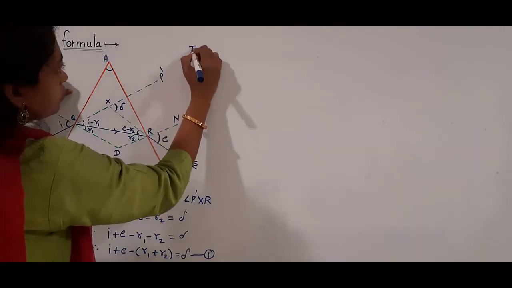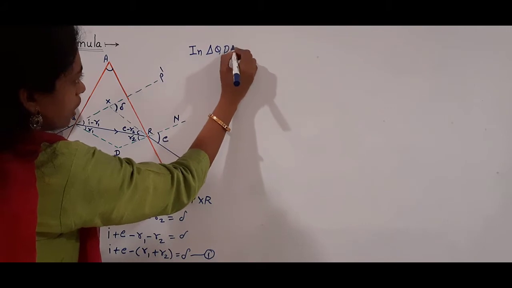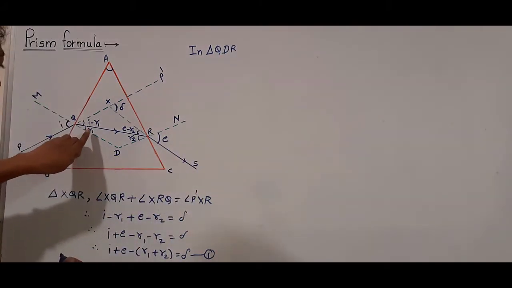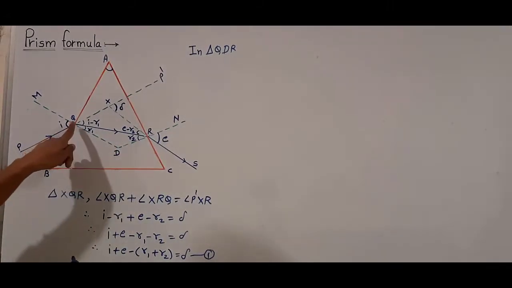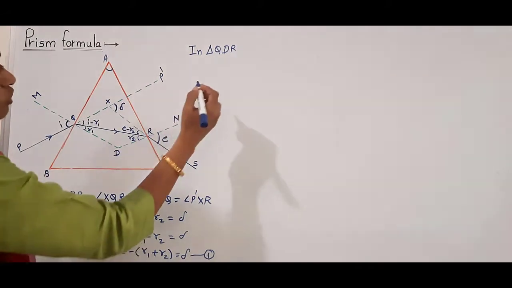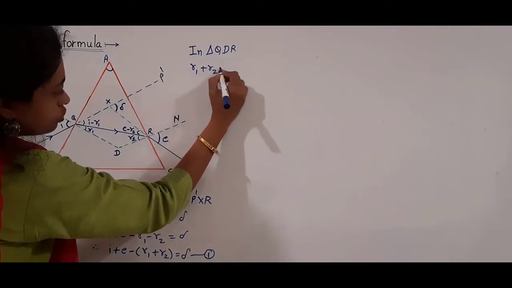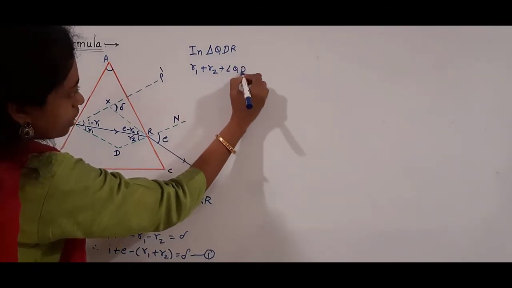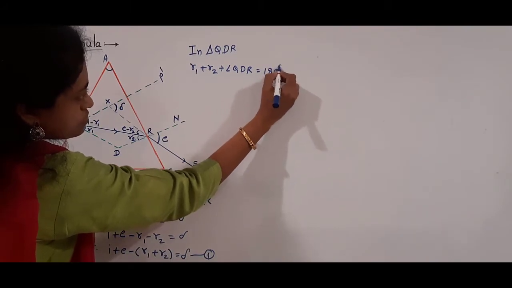In triangle QDR, angle R1 plus angle R2 plus this angle QDR equal to 180 degrees. R1 plus R2 plus angle QDR equal to 180 degrees.